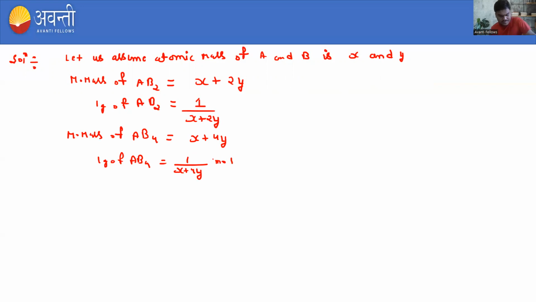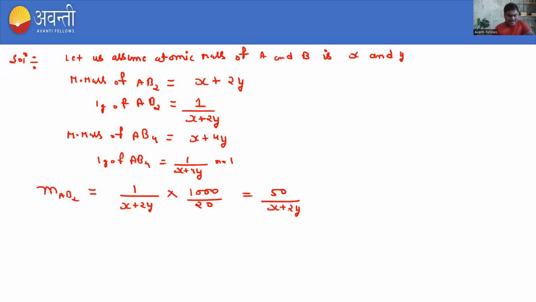If you want to calculate the molality of AB2, it is the mass of solute upon molecular mass, multiplied by 1000 and divided by the mass of solvent, which is 20. On solving, you get 50 upon X plus 2Y. So this is the molality.